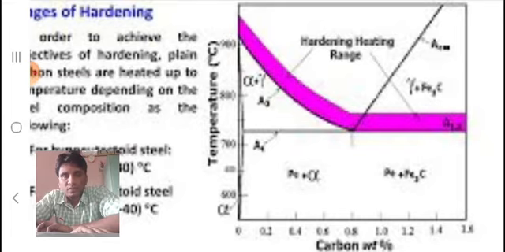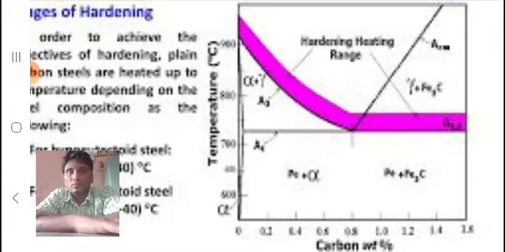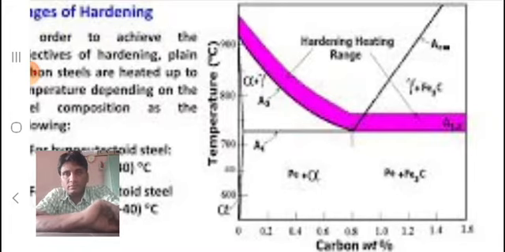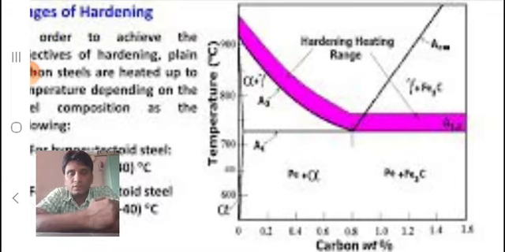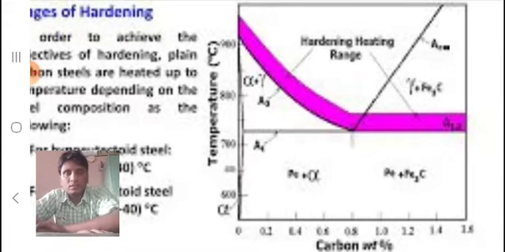Because of this hardening process, the core part of the steel takes time, that is, the core part of the steel which is in austenite phase takes a very long time to transform into martensite.